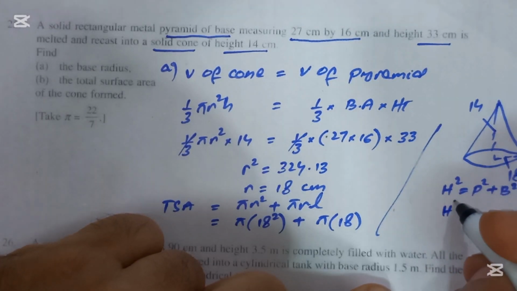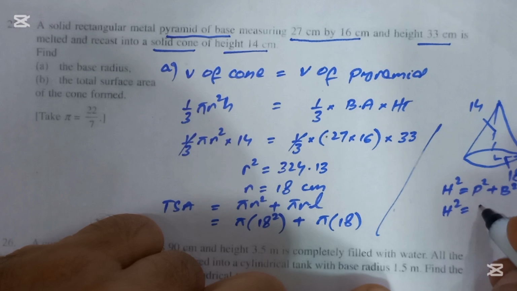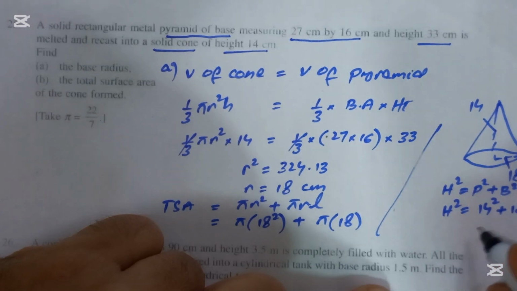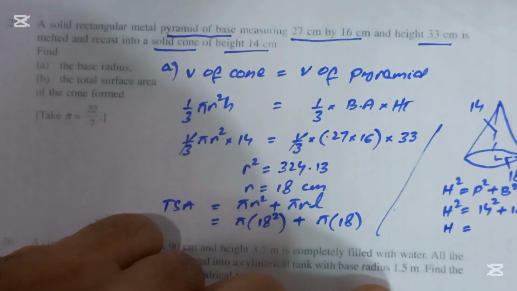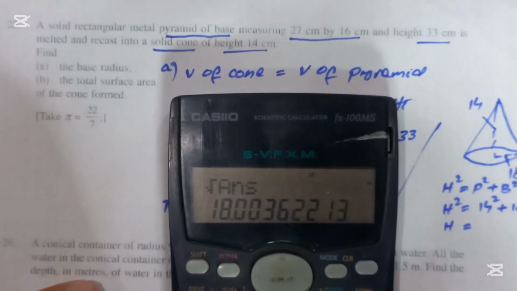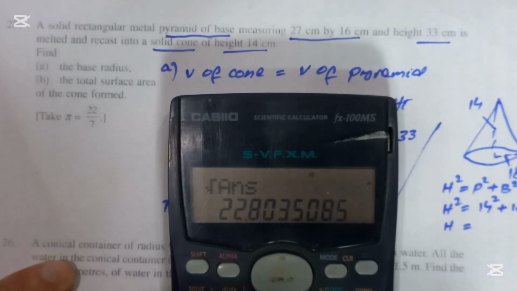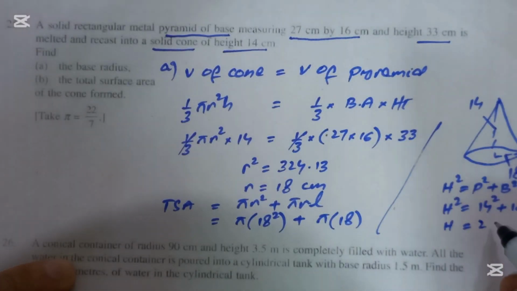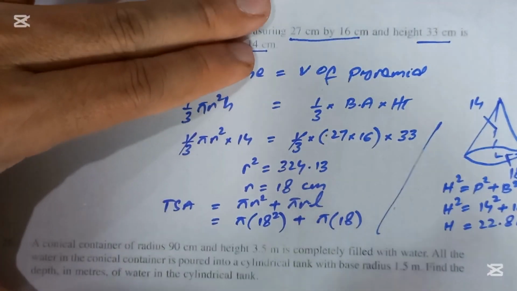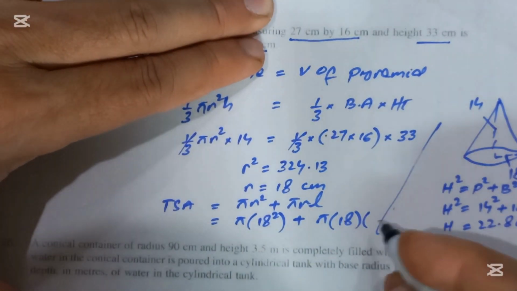Hypotenuse is missing, that is l square. Perpendicular is 14, 14 square plus base is 18, so 18 square. Again use the calculator and find the value of l. That is 14 square plus 18 square equal. Now take the square root of the value. So this is the value of l, that is 22.8. This is slant height. So l is 22.8.